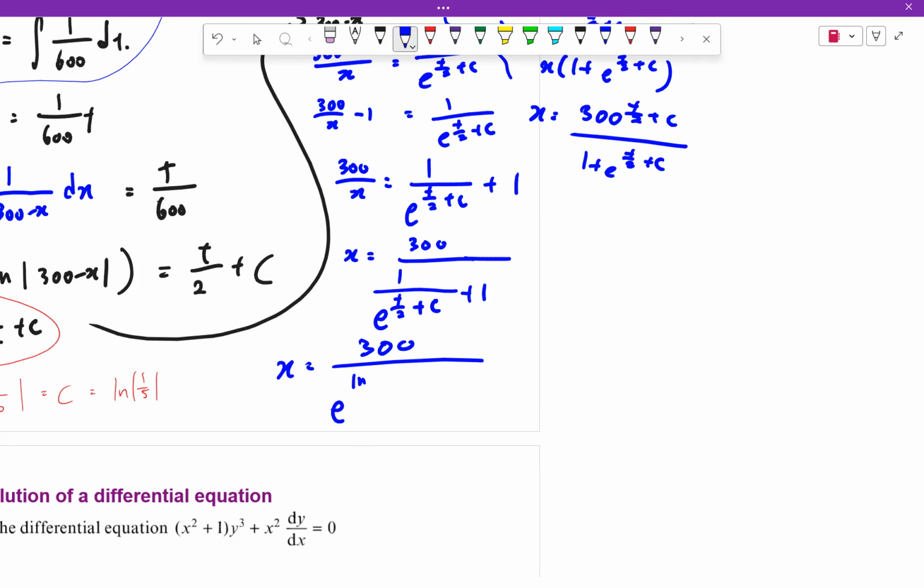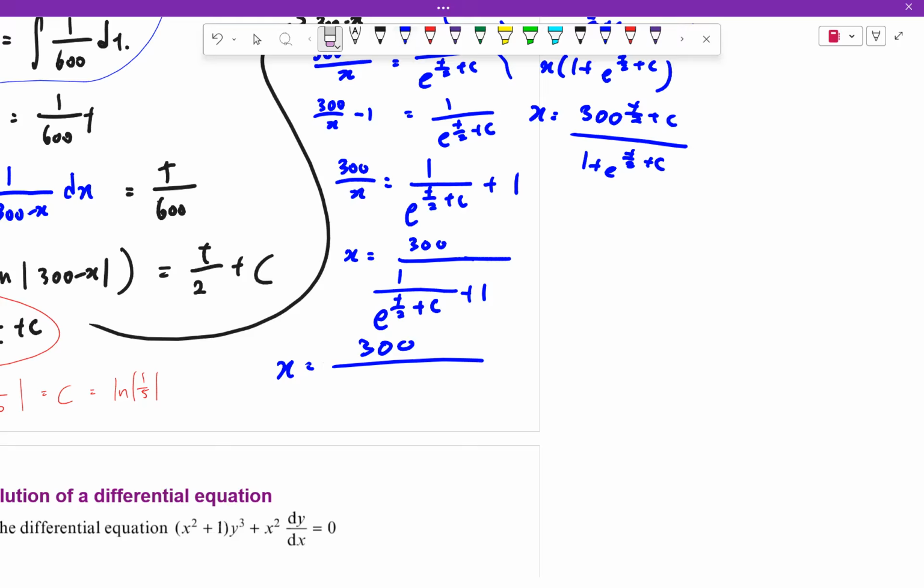Which is the same as, let's see, one over 5, because this is 0.2.